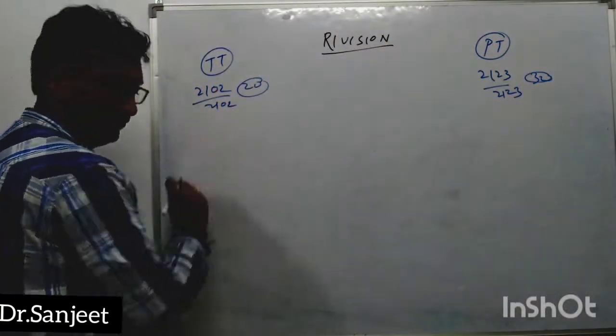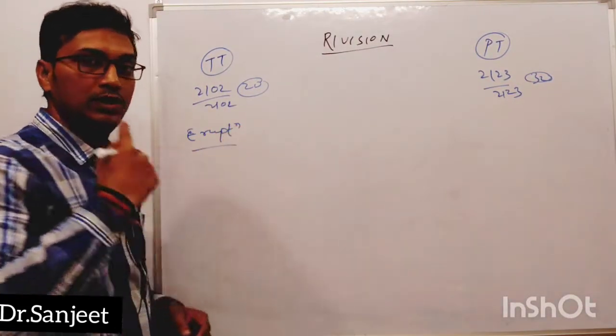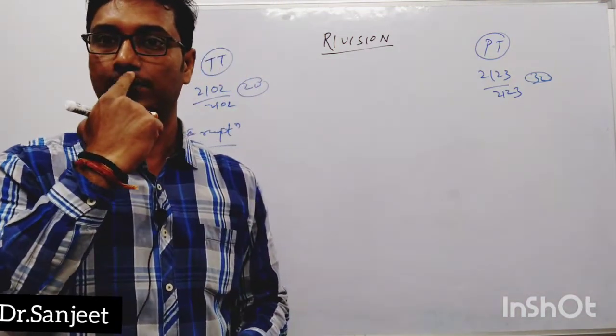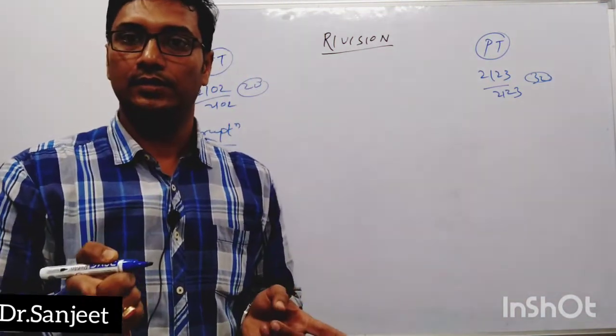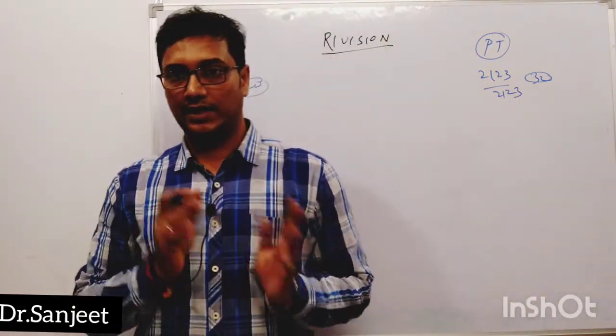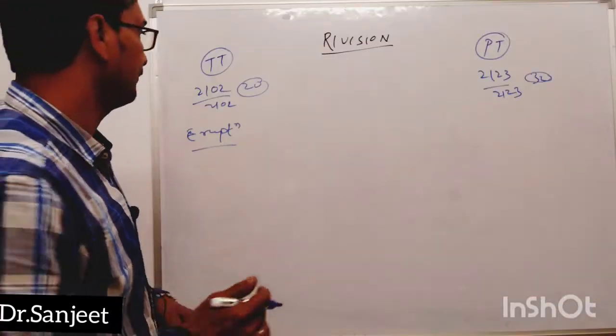Then eruption: lower central incisor, then upper central incisor, upper lateral, then lower lateral. 6 months, 7 months, 8 months, 9 months. Then molar 1 in 12 months, canine 18 months, and molar 2 at 24 months.